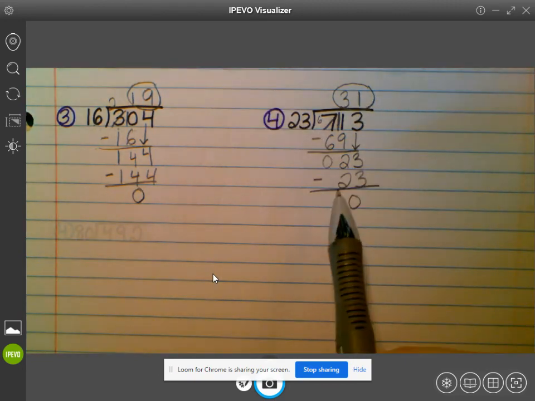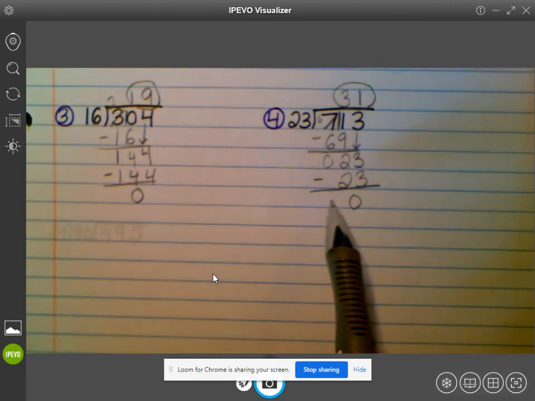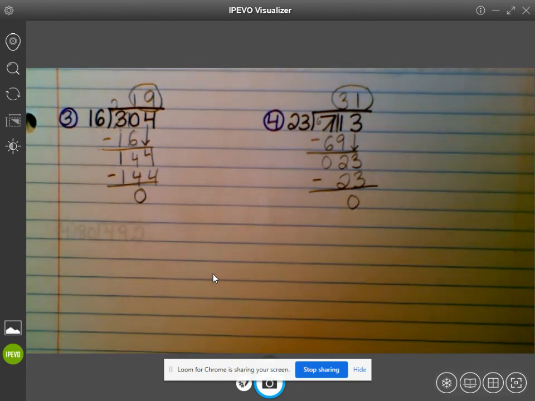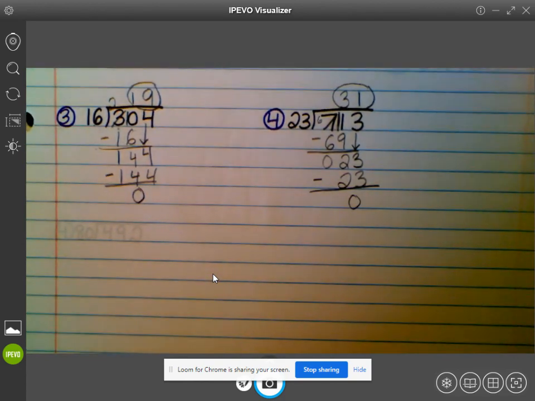In these problems, where do you think the partial quotients are? Mackenzie? Technically, they are kind of the steps, but they aren't quite the partial quotients. What do you think the partial quotients are?